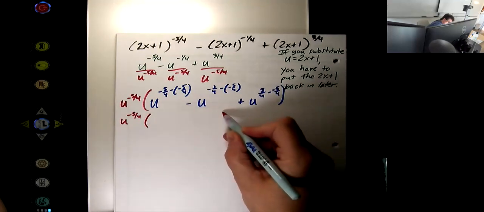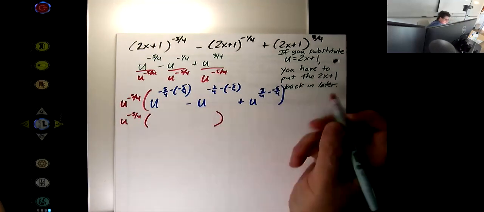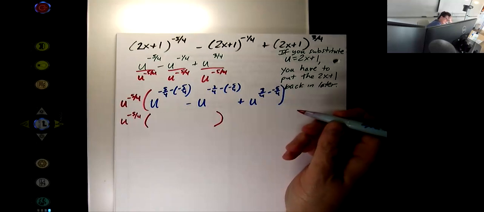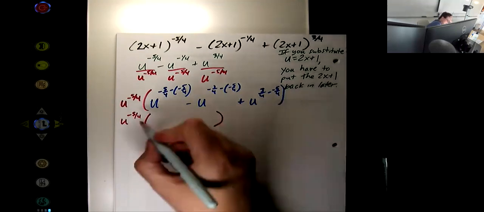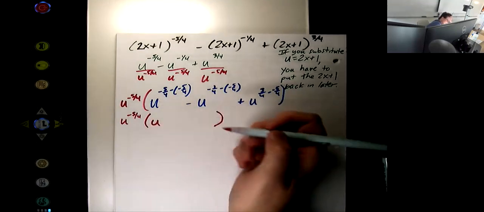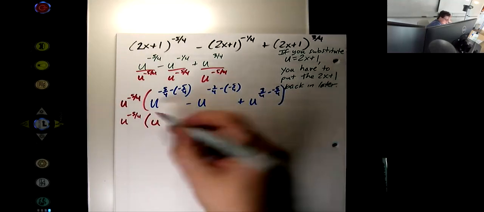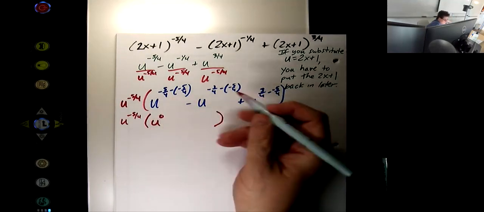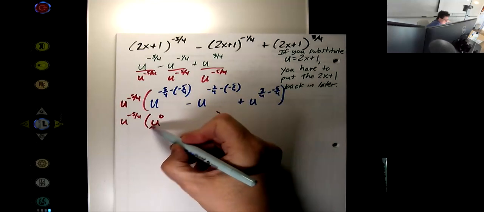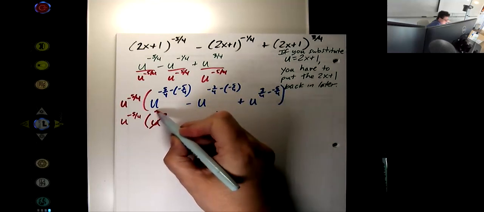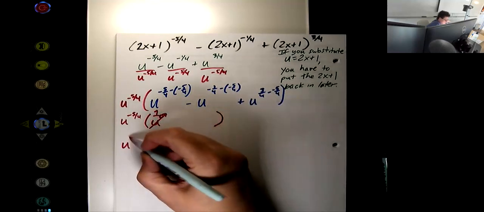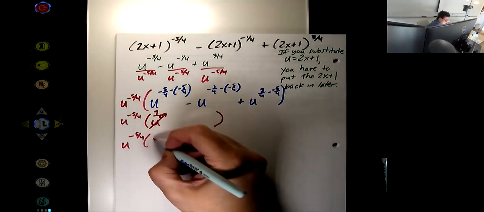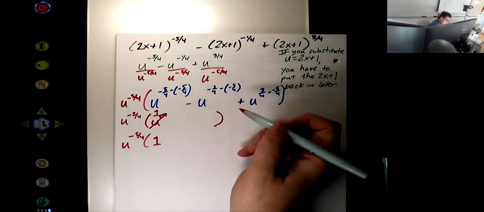What kind of stuff do we get on the inside? What happens with the exponents in the first one? 0 becomes 0, which means this is just 1. What about the next one?